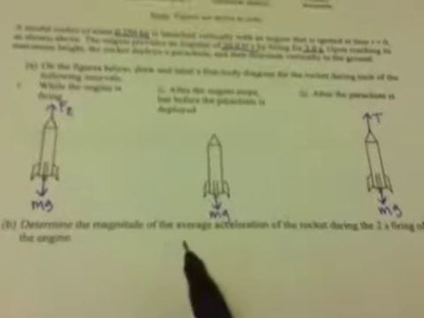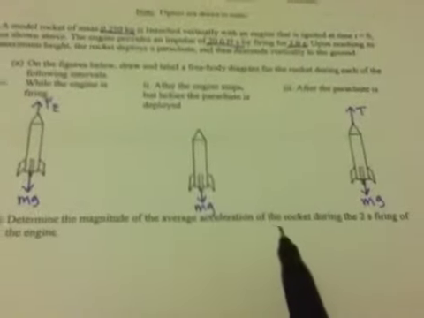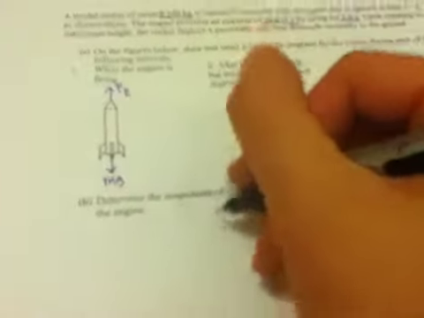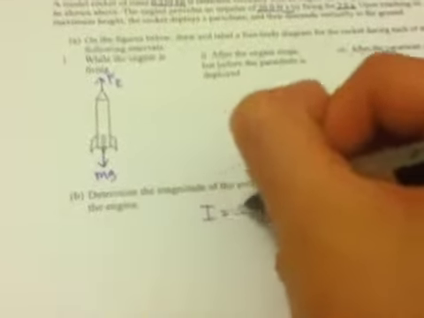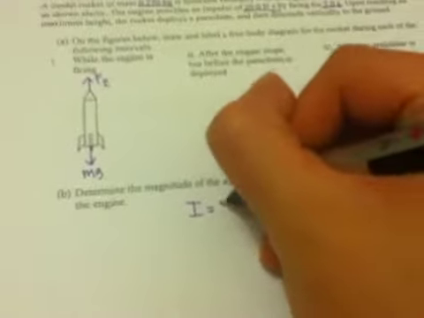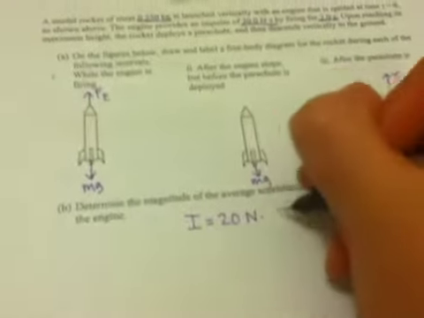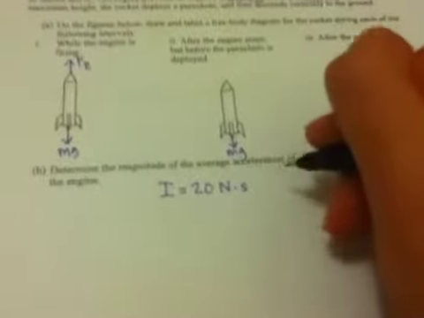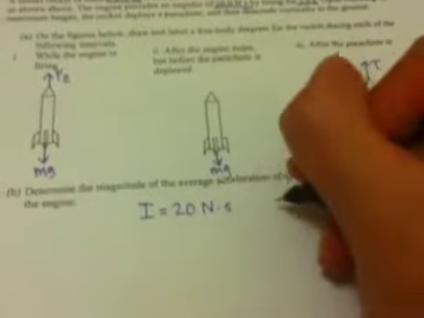So the first thing that it wants us to do is find the magnitude of the average acceleration of the rocket during the first 2 seconds firing the engine. And so we know it says that this impulse, which we have not talked about, is going to be 20 newtons times seconds. And in order to figure out, so what is this force of the engine?